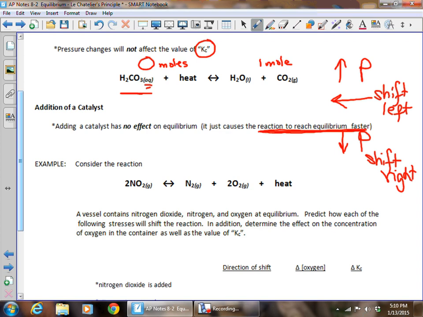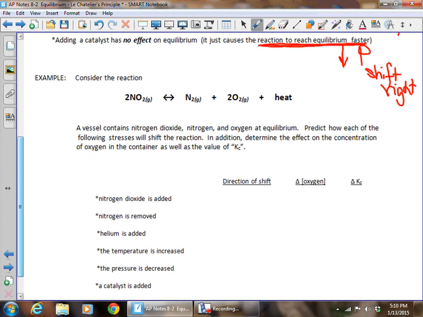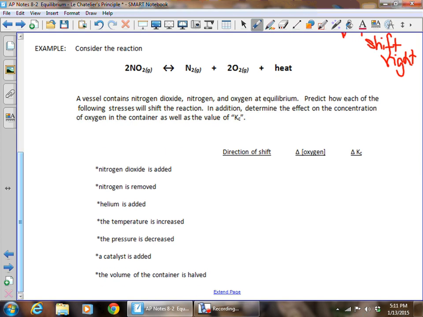So consider this reaction. We've got 2 nitrogen dioxide molecules reacting to form a nitrogen molecule and 2 oxygen molecules, and it's going to give off heat. What happens if we add nitrogen dioxide to the system?